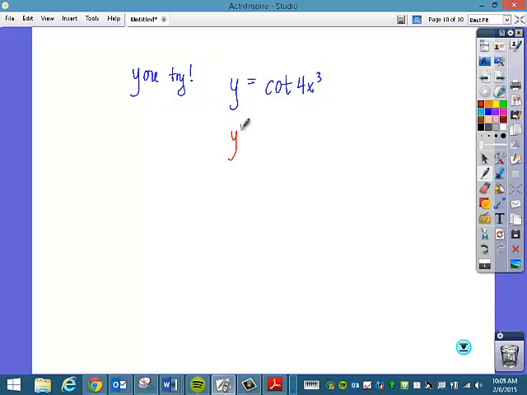Alright, so the derivative of cotangent is negative cosecant squared. Keep your u the same. Multiply by the derivative of u, which is 12x squared. So then you're just going to pull your 12x squared out front. Negative 12x squared cosecant squared 4x cubed. And there you go.